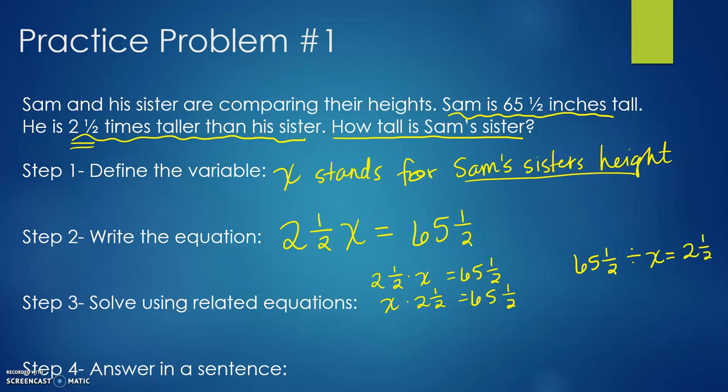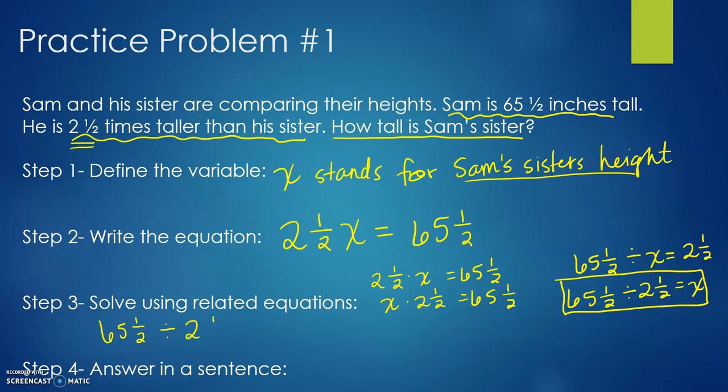Then we can switch the order of that as well and do 65.5 divided by 2.5 to give us x. This is what we want to use because this is the one that gets the variable by itself. So we're going to do 65.5 divided by 2.5.